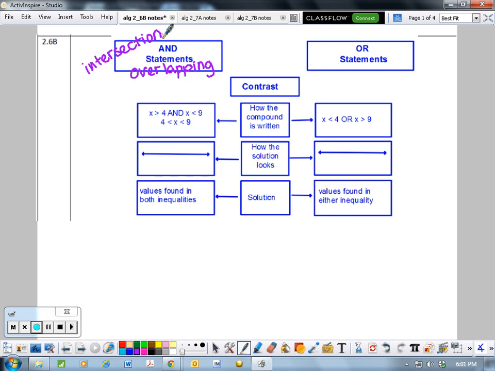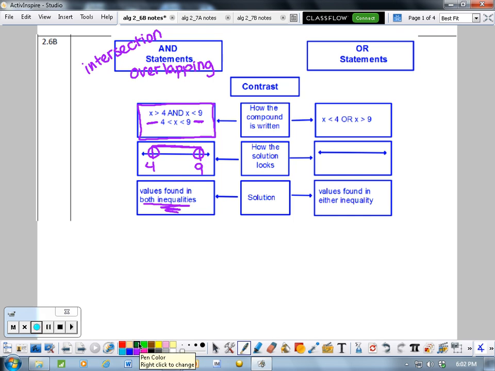As an inequality, it's going to look like this: x is greater than 4 and x is less than 9, put together in one inequality. When you graph it, we'd have our 4, we'd have our 9, and open dots, and they'd go towards each other. Again, these are values found in both inequalities, wherever that overlapping piece is.